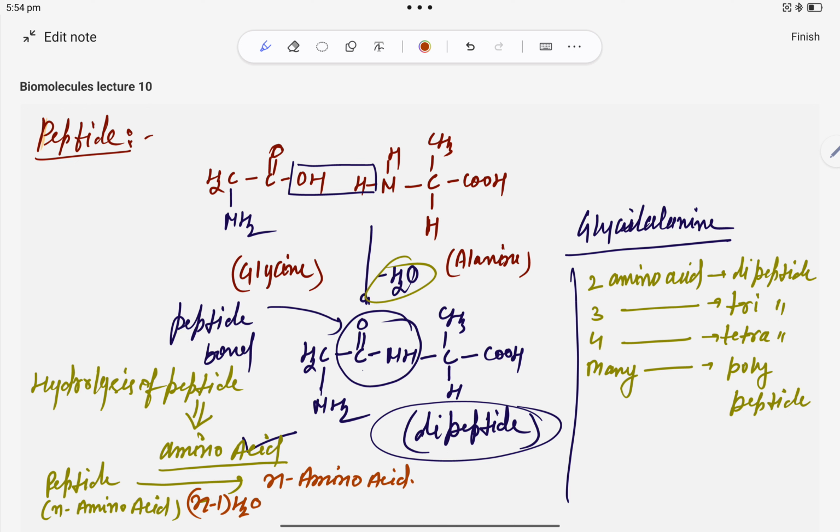It's a simple thing. Here you are forming a peptide bond, so water is removed and the peptide bond is formed. Two amino acids, dipeptide, tripeptide, tetra and polypeptide. If you do hydrolysis, then you will get amino acids. So that is the concept.